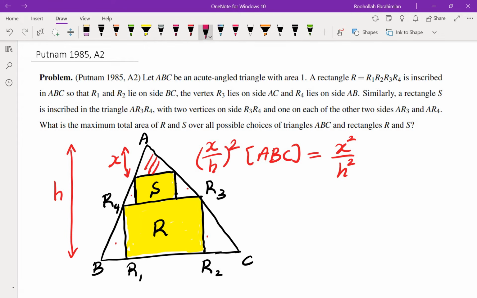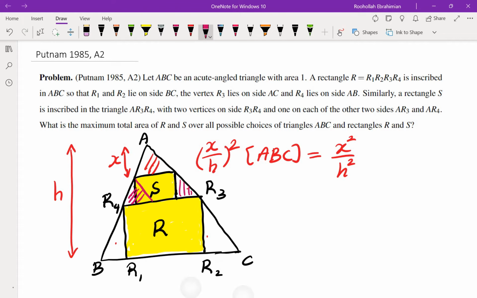Now there are 4 more triangles left. These 4 triangles can also be combined to get similar triangles. So if I draw a segment parallel to segment AC, I get this triangle. The yellow portion of this triangle is congruent to this one.